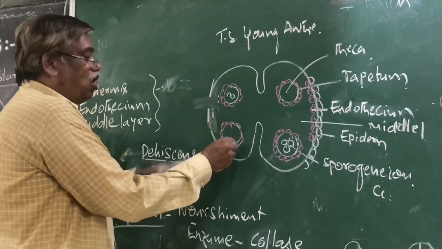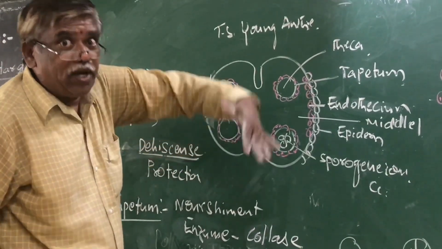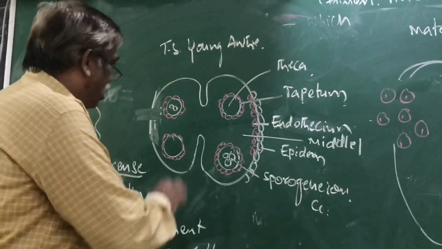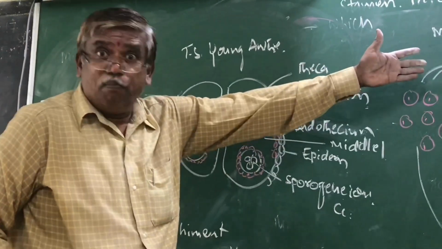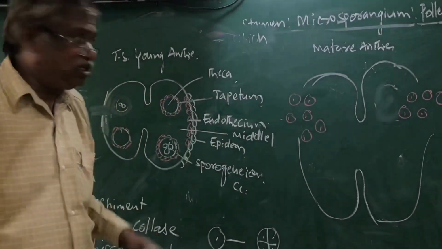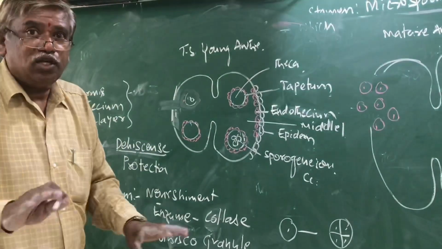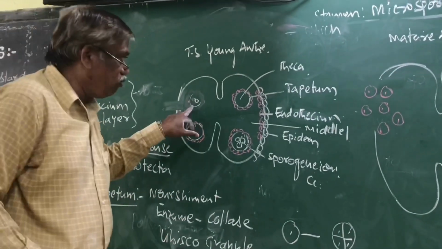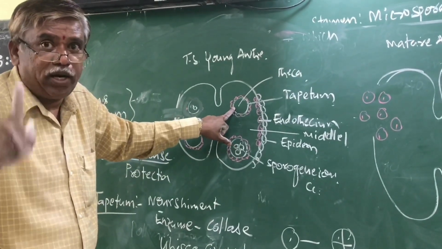This tapetum provides nourishment to the developing pollen grain. When the pollen grain is formed, the tapetum is totally consumed. That means when you see the mature anther, at the time of dehiscence, we cannot see the tapetum. The tapetum is already consumed. Hence, the tapetum is never involved in dehiscence. The main function of the tapetum is providing food or nourishment to the developing pollen.